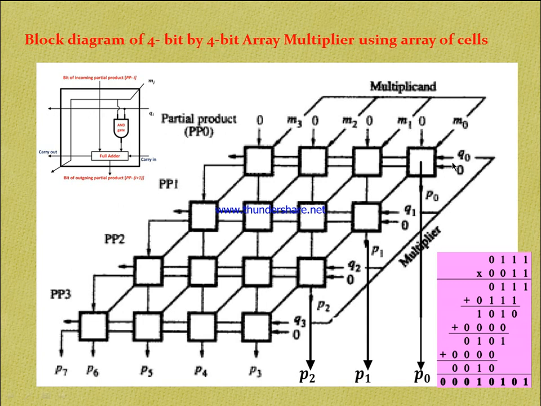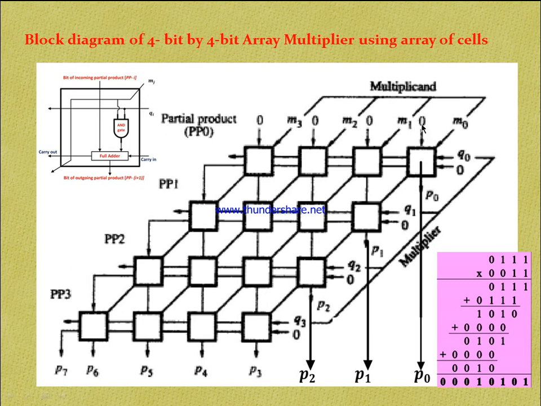Now we know that for this particular cell, the 2 inputs are 1 and 1. So 1 and 1 are multiplied and we get the result 1. There is no carry here, so the input carry is 0. And the bit incoming from the partial product: since this is the first partial product, there is no bit, that means 0.